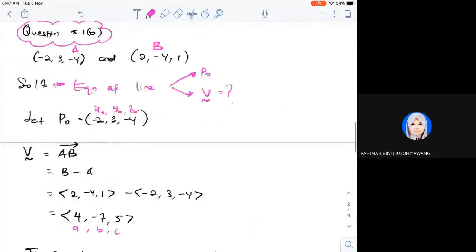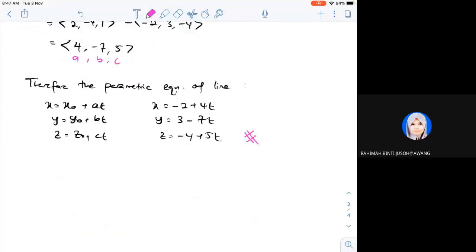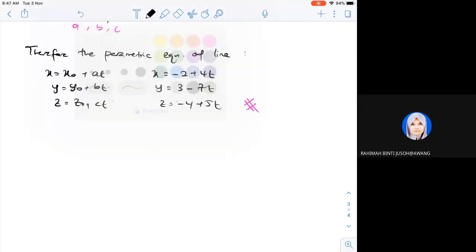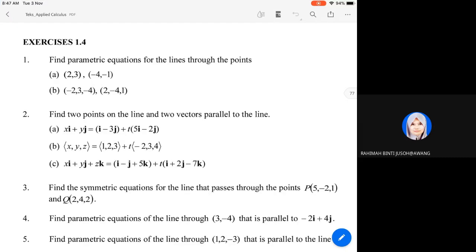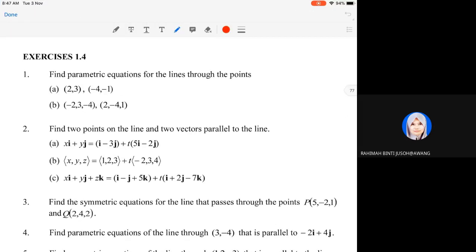Okay, so this is how we form the equations of line. Now let us do question number 2. Let's take a look at question number 2. The question asks you to find 2 points and 2 parallel vectors on the line.